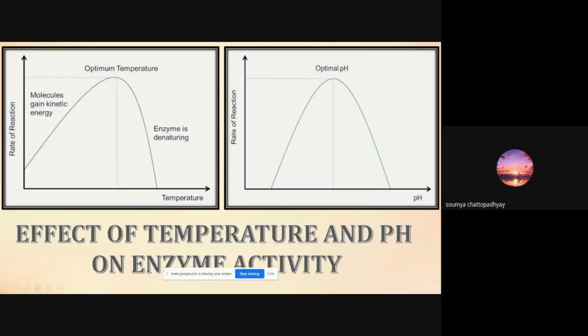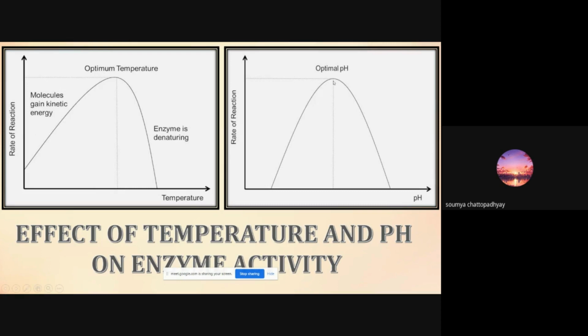Now the effect of temperature and pH on the enzymatic activity is kind of similar. Every enzyme has its optimum temperature and optimum pH. At that exact optimum temperature and pH, it's going to act the best. But if you go overboard with it, it's going to decrease the rate of reaction. If you heat it more than expected, then the enzyme will be denatured, and once it's denatured, you can't get its enzymatic activity again.